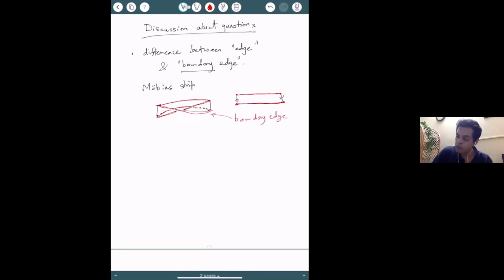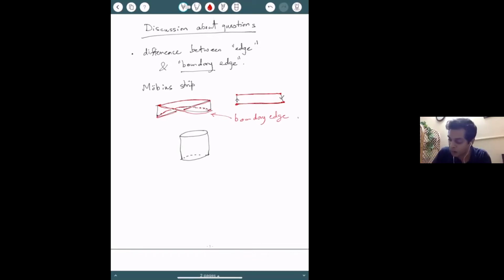If you take another surface with a boundary edge, a cylinder is a surface with a boundary edge. Let me try to draw a cylinder. This boundary edge is an edge in the English sense of the word: if you cross it, you'll fall off.